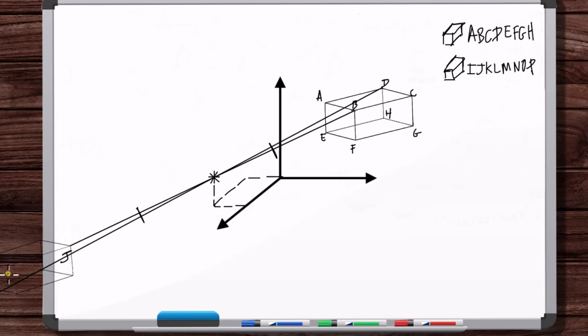This isn't an accurate reflection, but if you connected point D to point L, it would cross through the symmetry point, and then the symmetry point would bisect that line. And this would be true for all corresponding points. And so you could reflect about any point. Pick any point in 3D space, you can reflect about it, right?